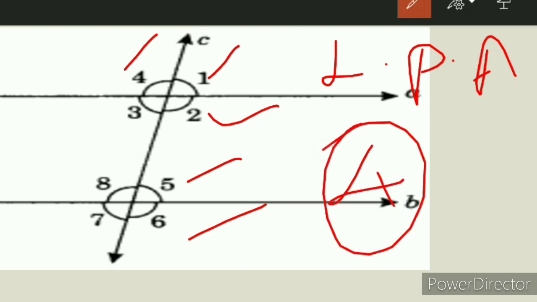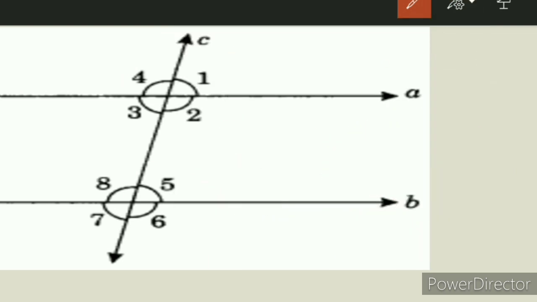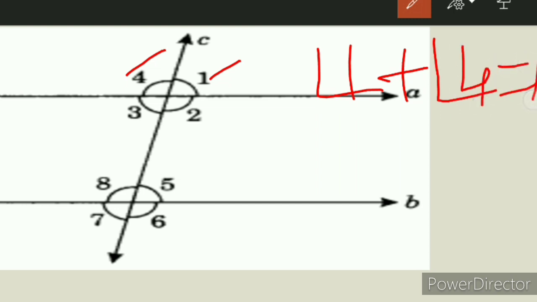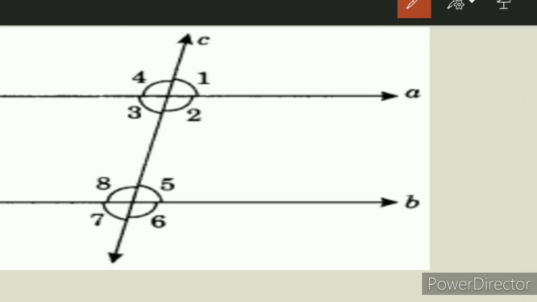The linear pair property is that they are supplementary. That is, the sum of any linear pair of angles is 180 degrees. That is, angle 1 plus angle 4 is equal to 180 degrees. That is the first category.